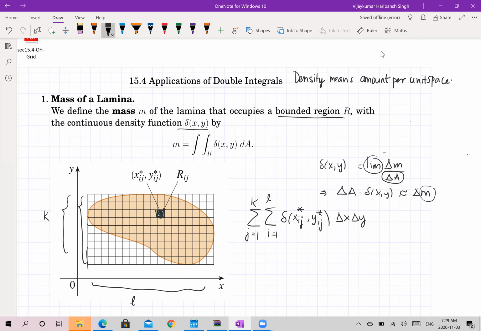This is a rough approximation for your mass, and if you take the limit, you get the actual mass: the limit as k, L go to infinity of the summation j from 1 to k, summation i from 1 to L, of delta(xij star, yij star) dA, which is the same as delta x delta y.